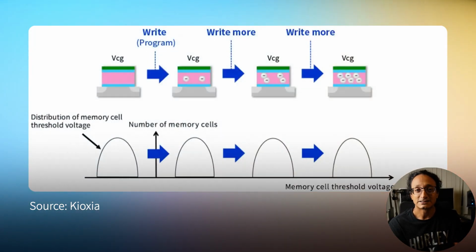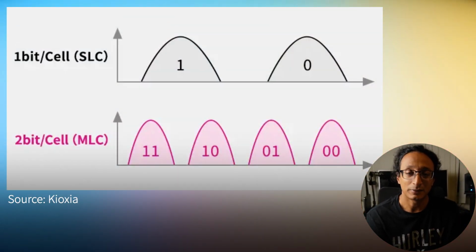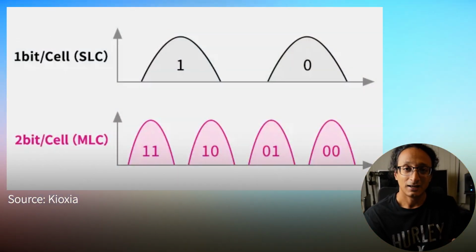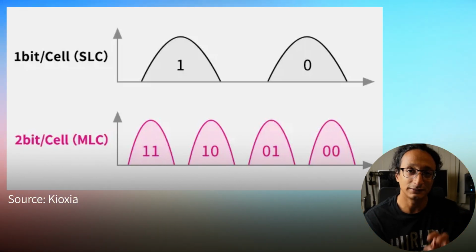In a multi-level cell, or MLC, you can have 4 different charge levels stored in the charge storage layer, which corresponds to 4 different threshold voltages of the transistor. So to quickly recap, a single layer cell has 2 different states and can hold 1 bit of information, and a multi-level cell, or MLC, can hold 4 different levels, and that corresponds to 2 bits to a cell.